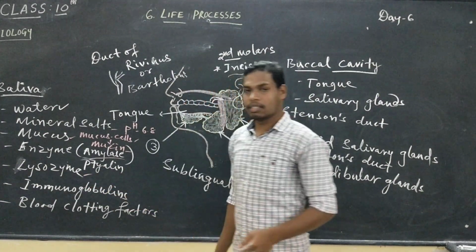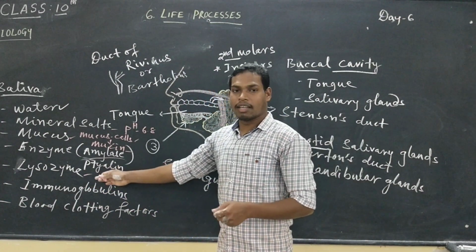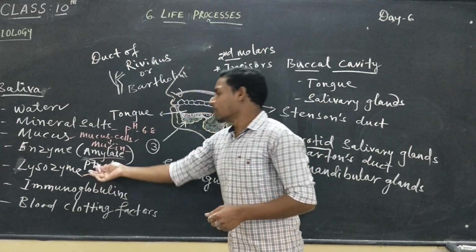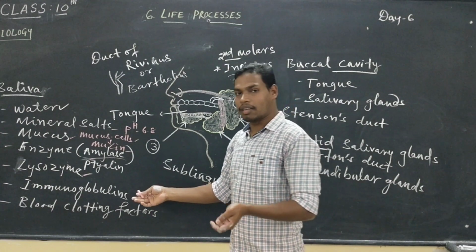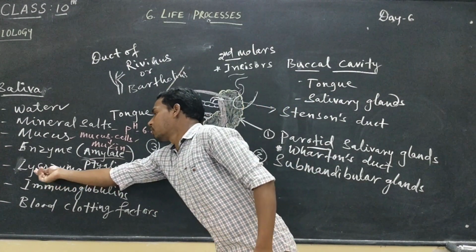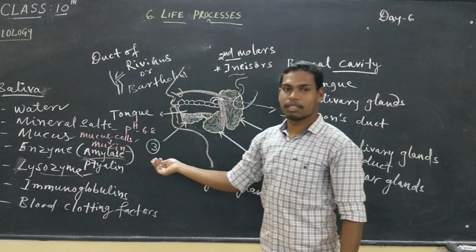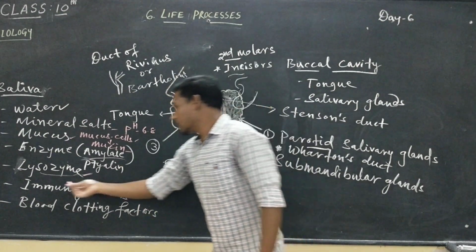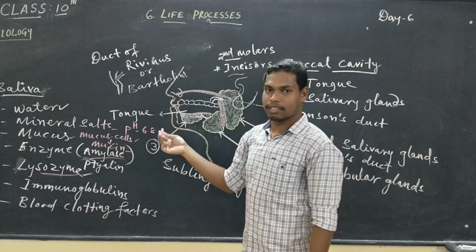Lysozyme is known as a bactericidal substance, that means the microbes that try to invade by entering through our mouth are destroyed with the help of lysozyme. This lysozyme is also one enzyme.